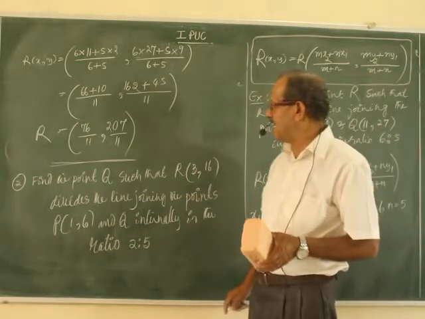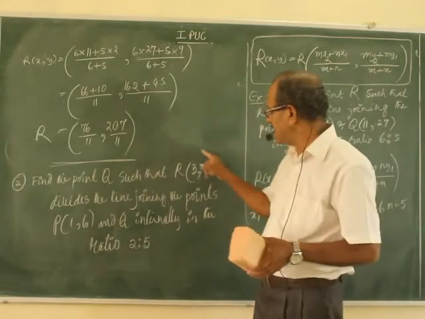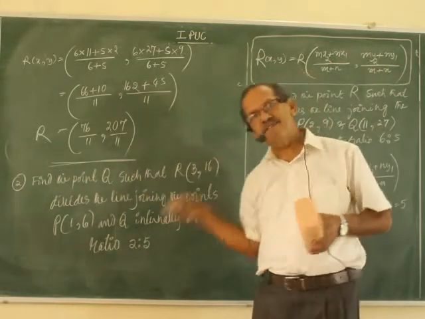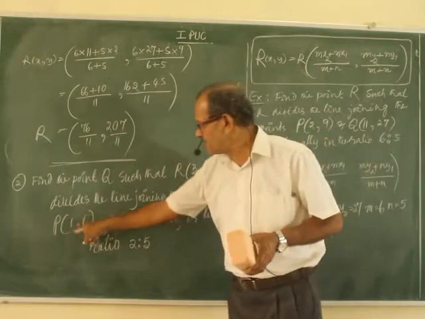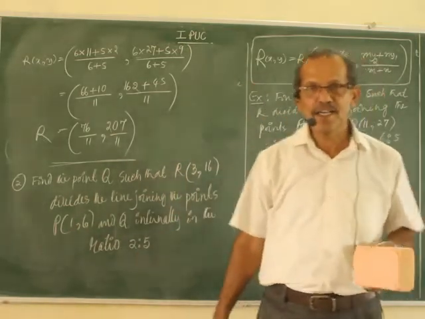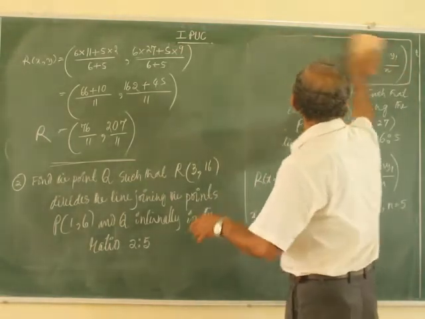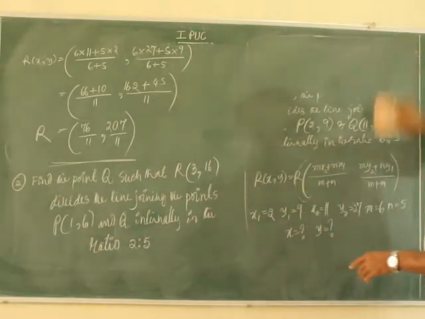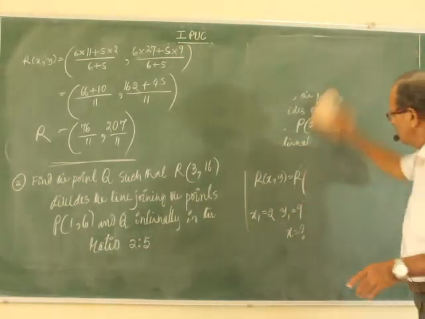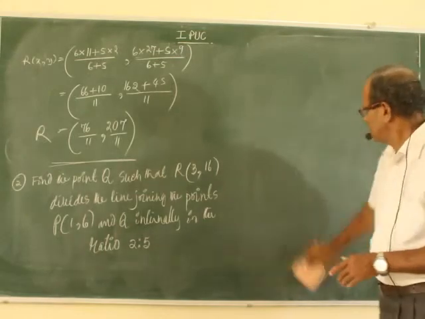Read the question again and again. The point R itself is given, P is also given, ratio given. Try to work it out yourself as homework and send it to me. Just send the homework, please.